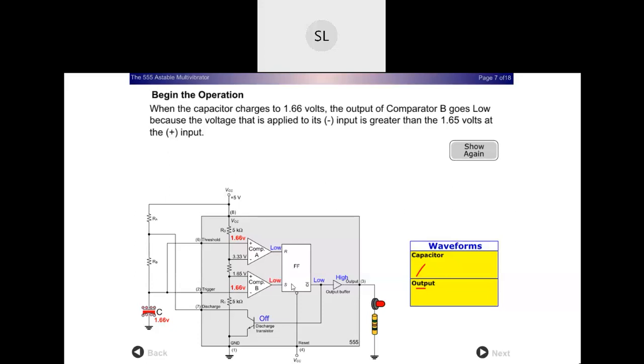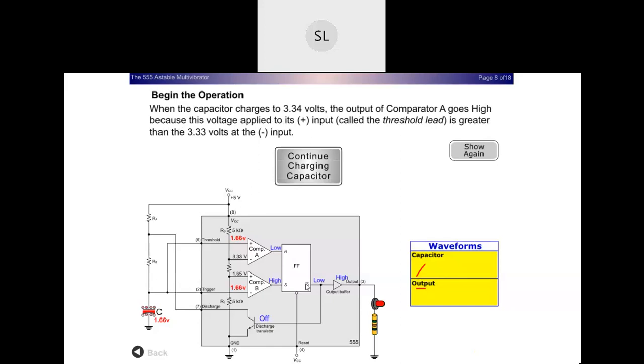The flip flop will no longer be held set. Now further, this capacitor will start charging towards VCC.